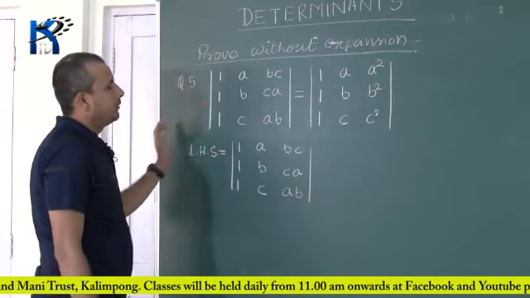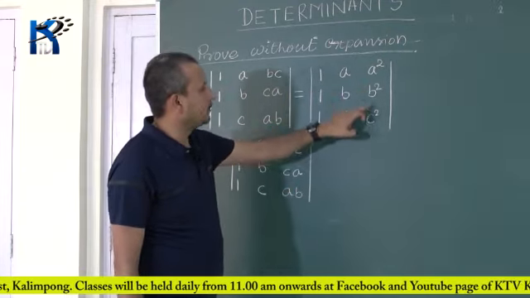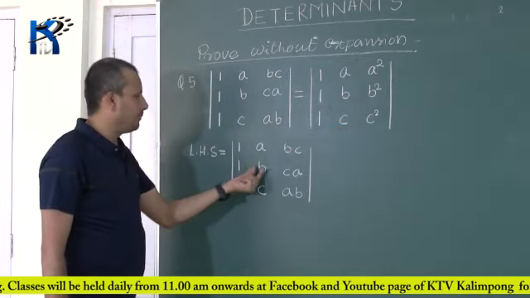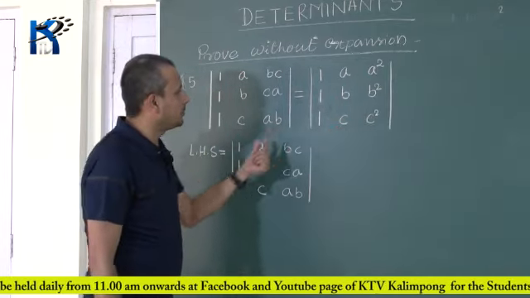Now this right hand side determinant contains A square, B square and C square, but over here it is A, B, C only. How to get A square, B square, C square?